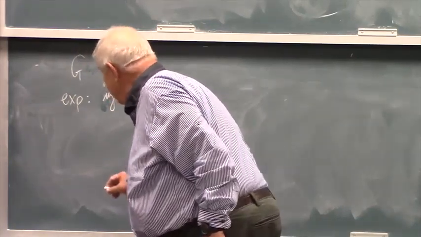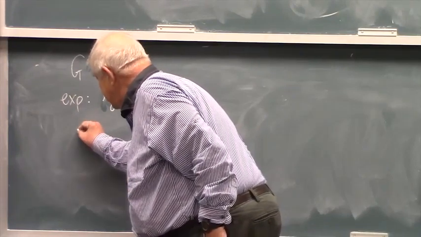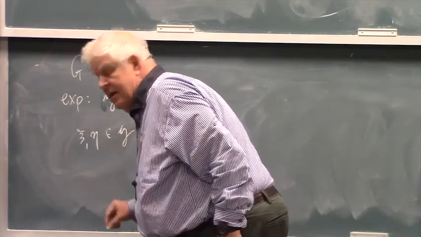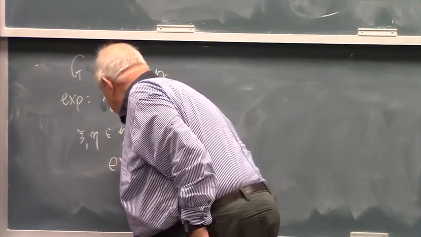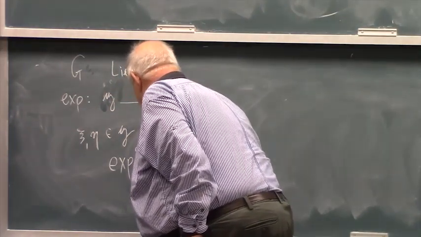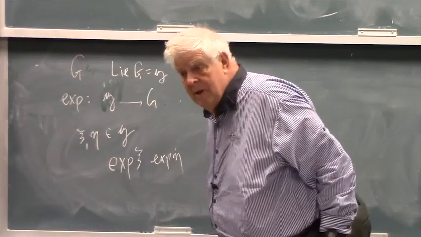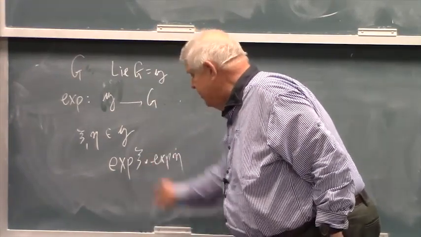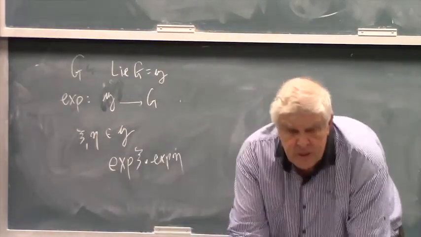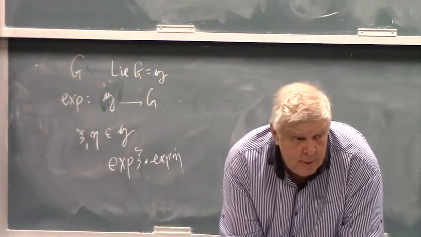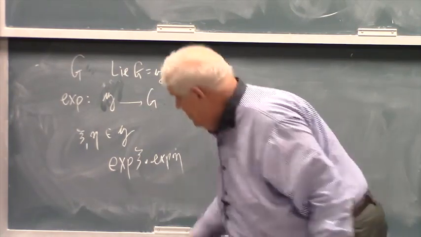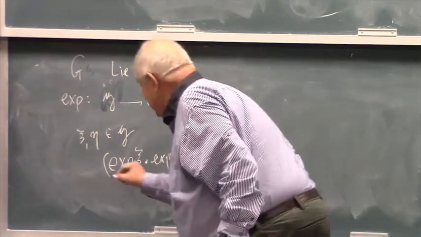We do the following. We take two elements, say xi and eta in little g. We apply the exponential map to them. These are elements of the group, so we can multiply them. And if xi and eta are sufficiently close to 0, then this product will again be in the domain where the exponential map is invertible, and I can apply the inverse.